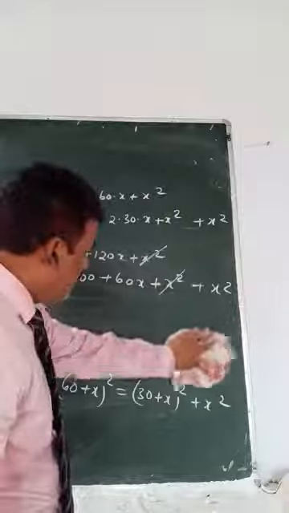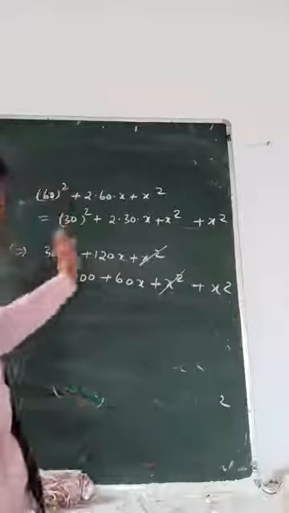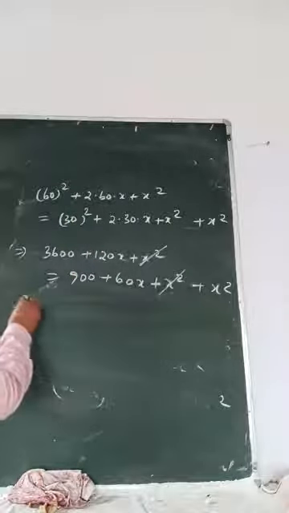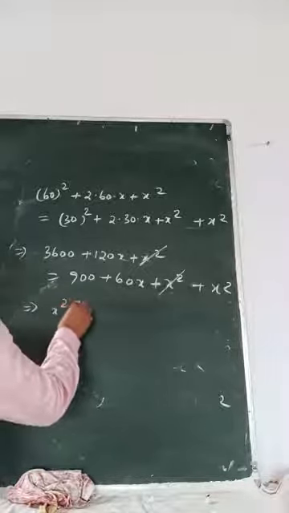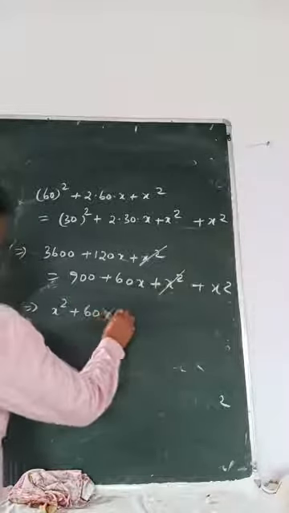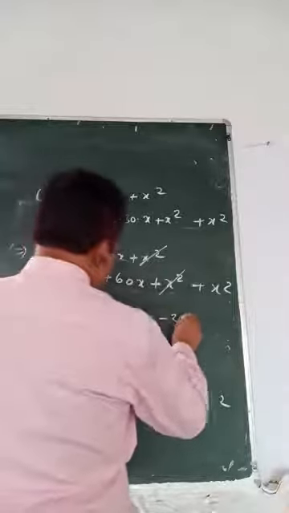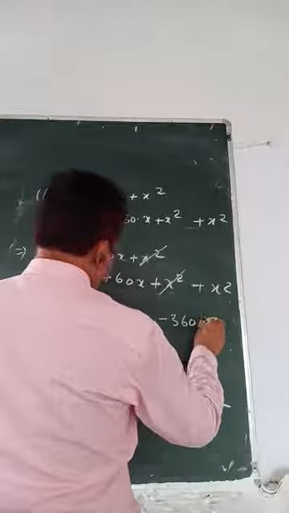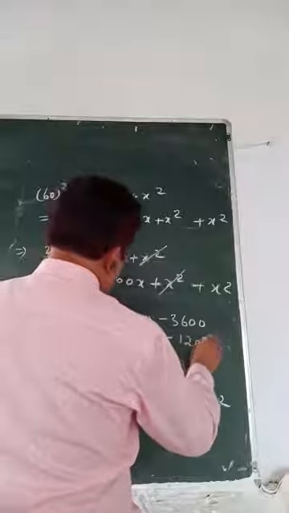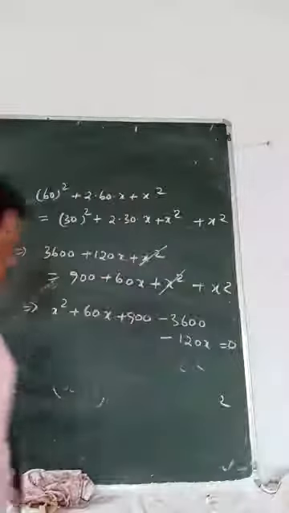So now let's take everything to that side. x square plus 60x plus 900 minus 3600 minus 120x equals 0.